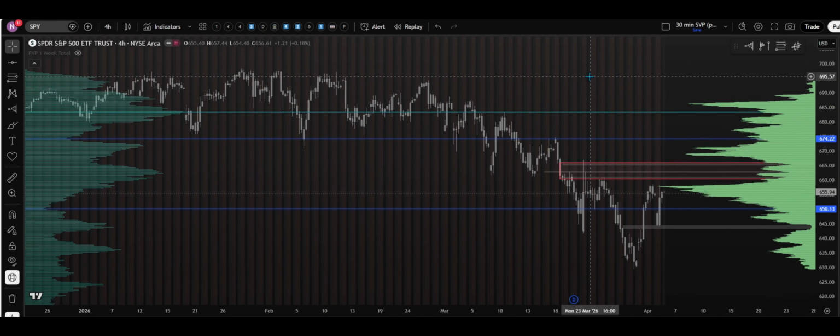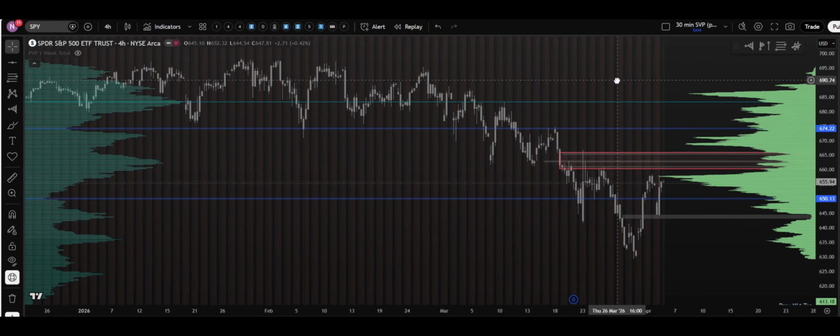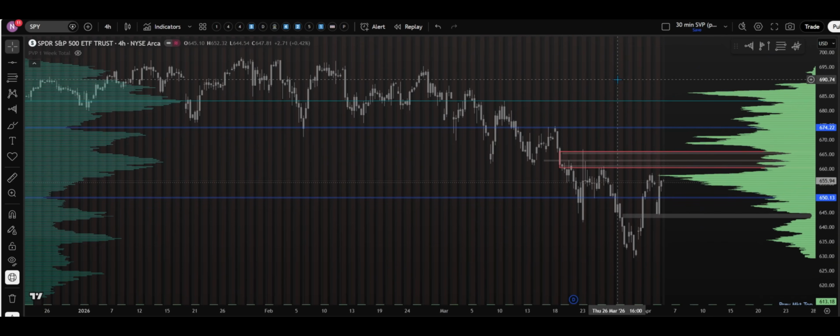Now, I do want to point out there are some really cool things you can notice when you have these two different trend volume profiles on your screen at the same time. One is that sometimes the low volume nodes will line up with low volume nodes, like this one here and this one here. That concurs that that is a good resistance level.